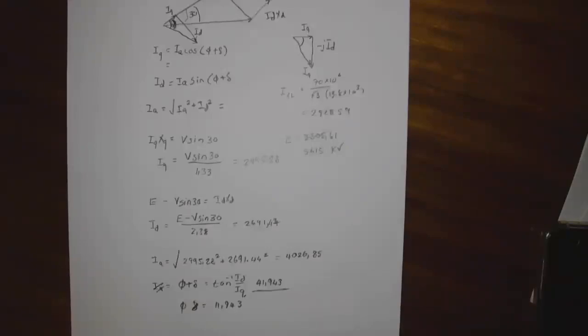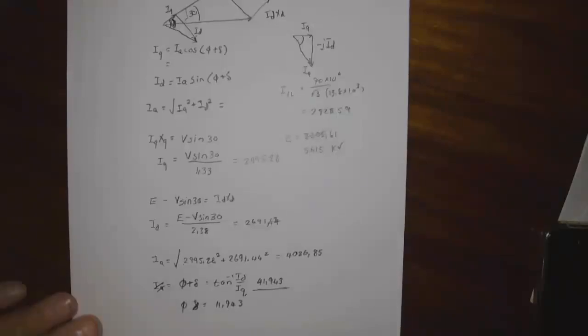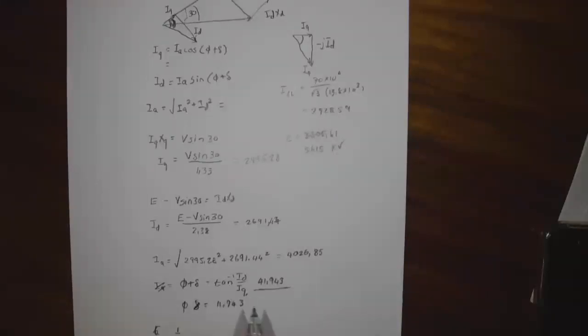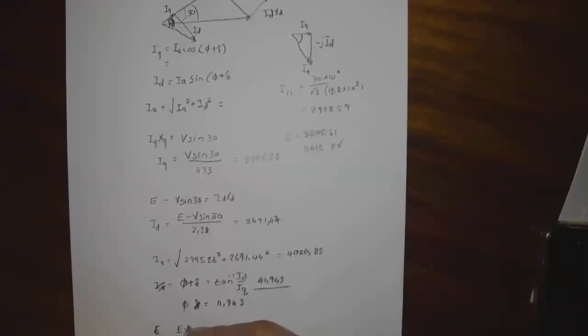What is the maximum power with no field excitation? Remember we said that it's the reluctance power. Without the excitation, no field, you're left with a reluctance power: V squared (XD minus XQ) over 2 XD XQ sine 2 delta.